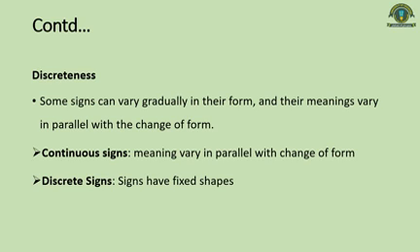These types of signs are called continuous signs. Other signs have fixed shapes and must be chosen from a limited inventory, intermediate forms are not allowed, and the range of possibilities is chunked. Such signs are described as discrete.